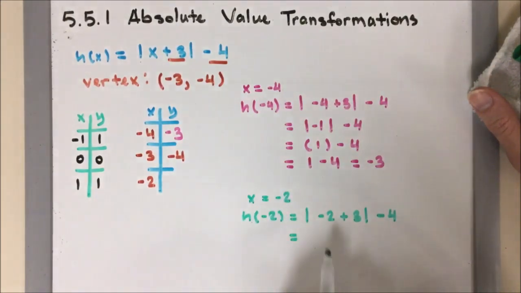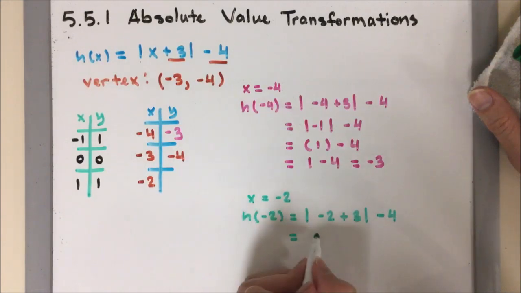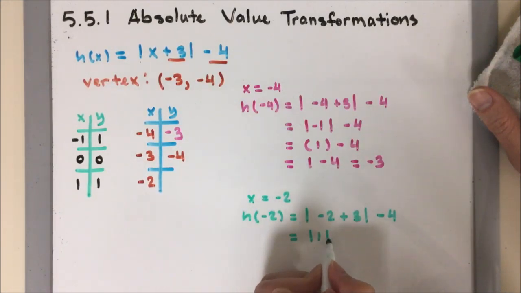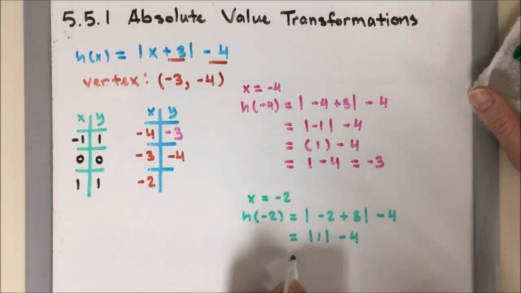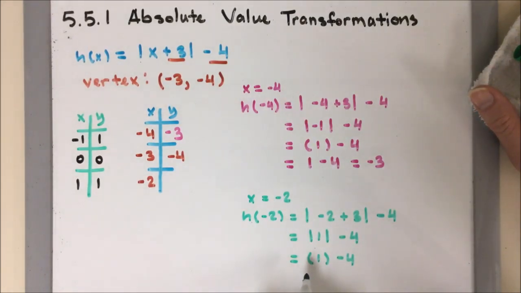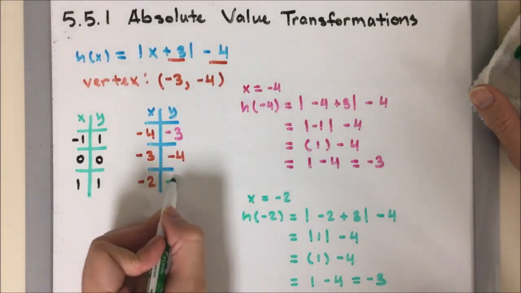When I simplify the inside, negative 2 plus 3 is positive 1, with the absolute value, minus 4. The absolute value of 1 is just 1, so parenthesis, positive 1, and then minus 4. Since I don't have anything to distribute from the outside, it'll just be positive 1 and then minus 4. 1 minus 4 is negative 3. So let me write negative 3 here.